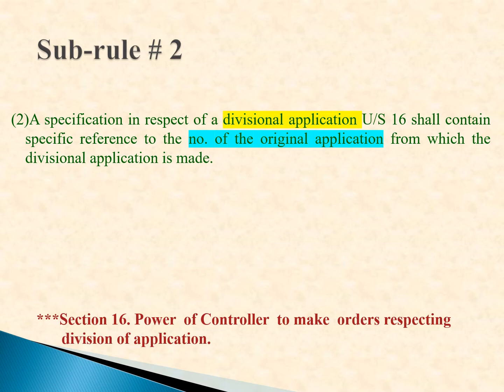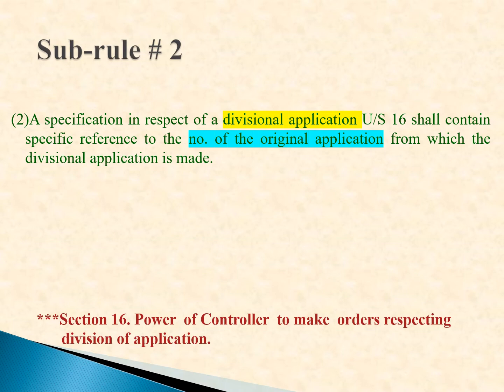As we know, a divisional application is always dependent upon the original application. That's why in the specification part of a divisional application, a reference should be made to the patent application number of the original application.